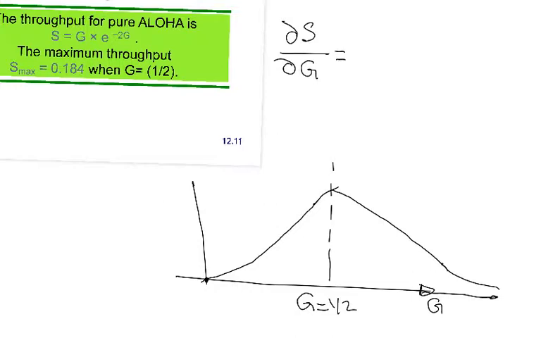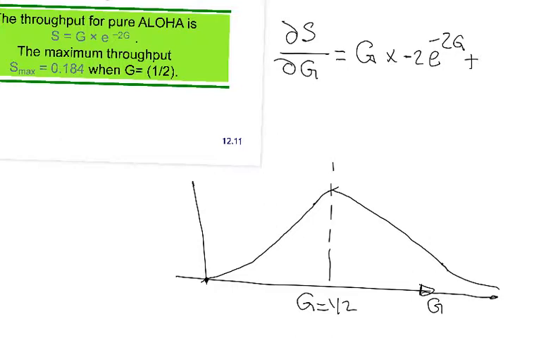The derivative of the multiplication of two functions is: we keep the function f1 and take the derivative of the second function f2, which in that case is minus 2 e to the power minus 2g, plus the derivative of the first function g multiplied by the function f2.